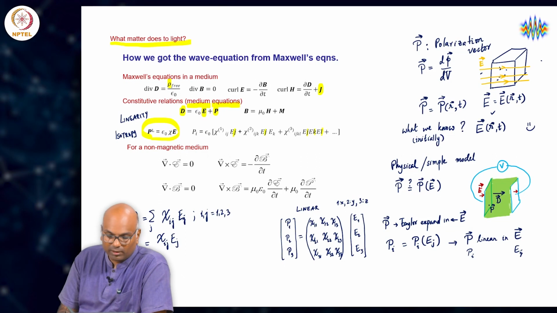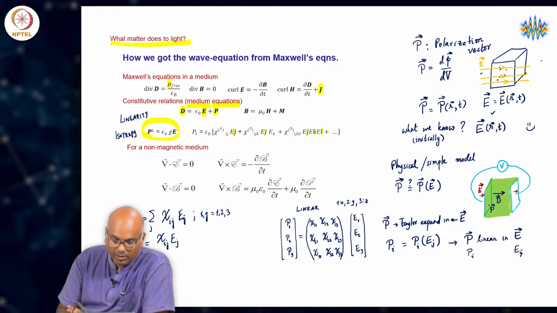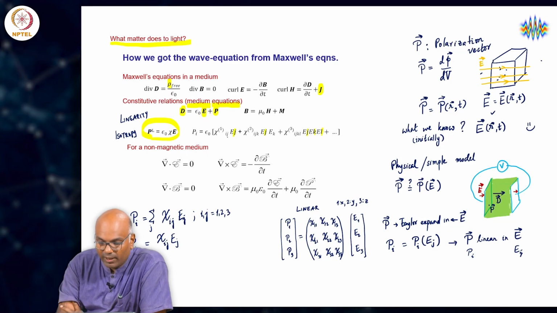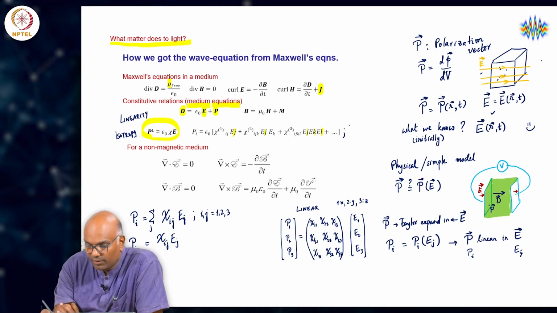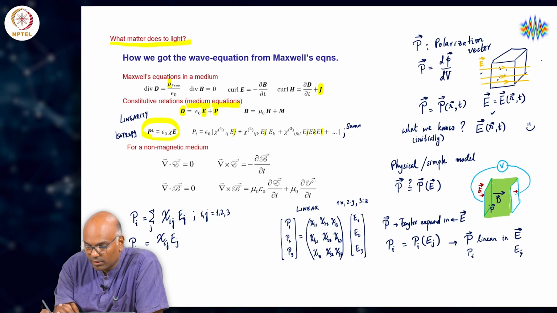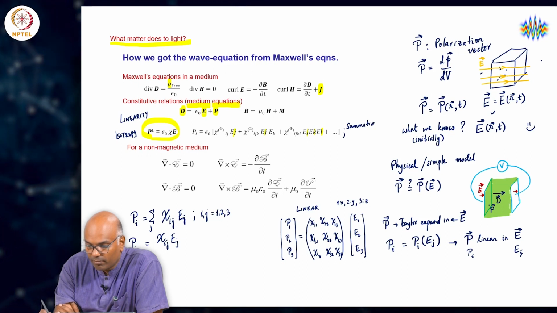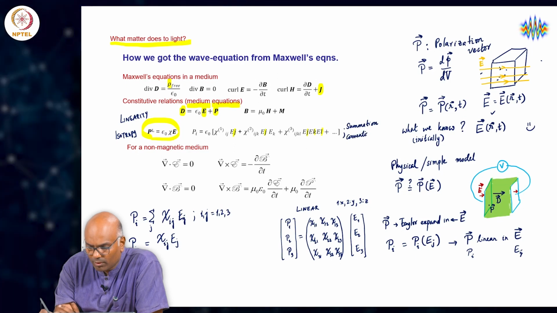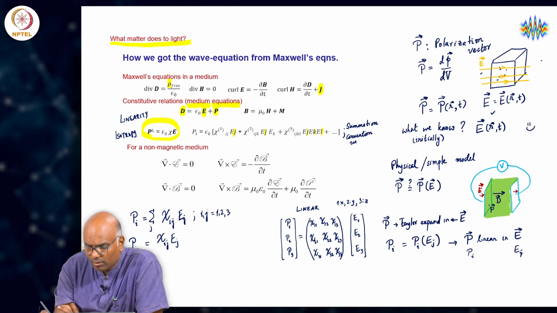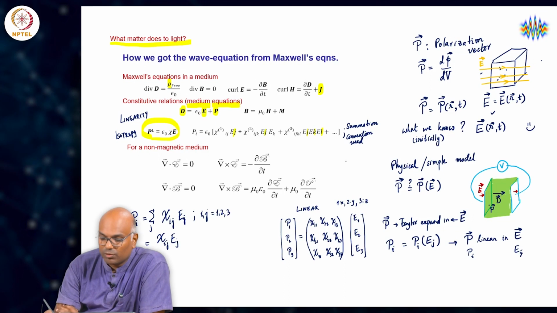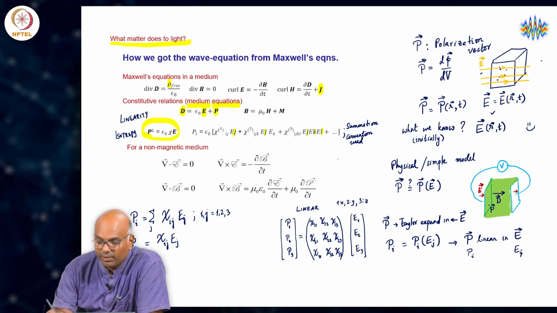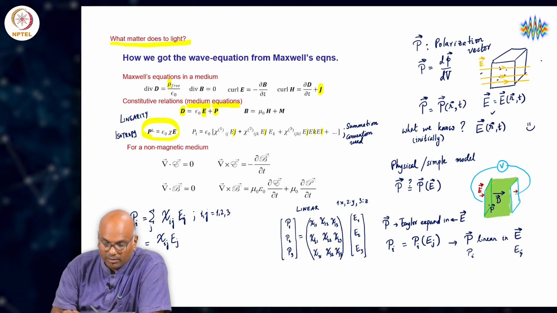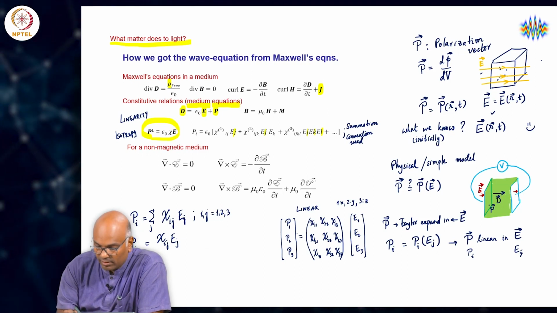Just mathematical convenience, you can always write the summation symbol if you so wish, but we have used the summation convention here. So, any index that repeats itself implies a sum. So, this is behind writing this expression.